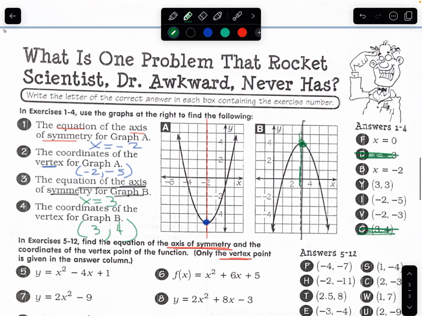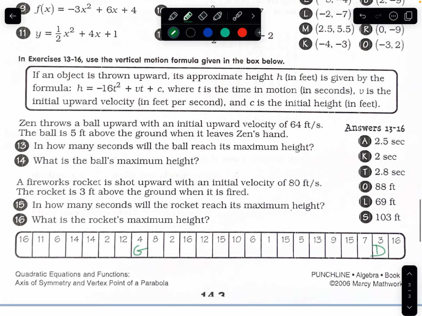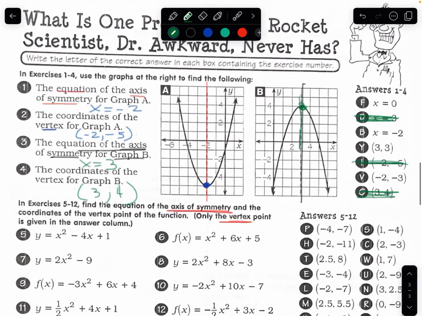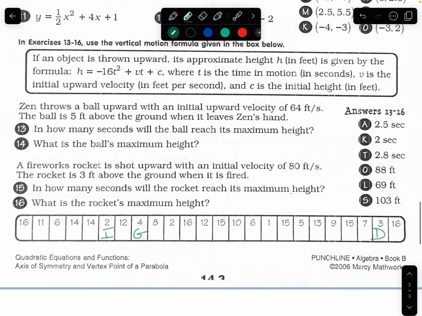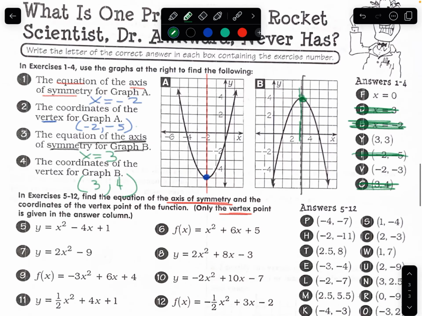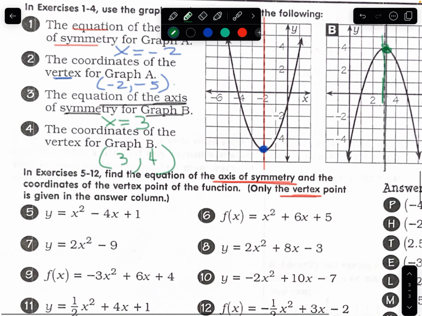And I'm gonna buy my dance tickets here. 2, 5. 2 is I. And -2, 1 is B. Hector Moreno, please come to the main office. Hector Moreno, please come to the main office.